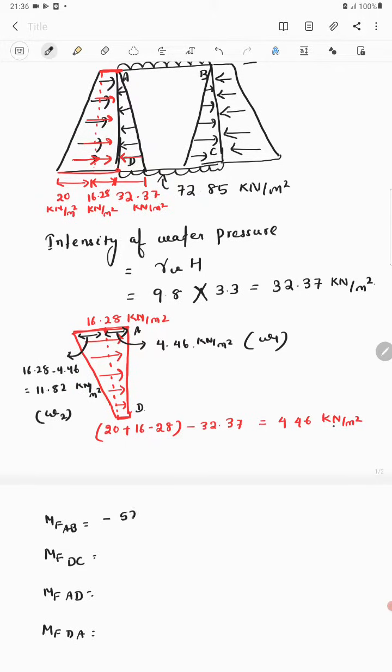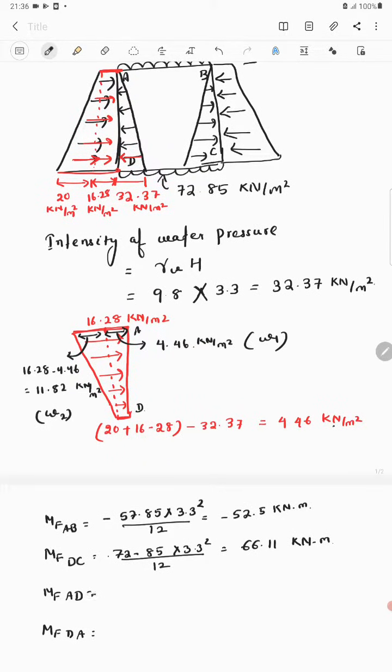So minus 57.85 into 3.3 square divided by 12, that is equal to minus 52.5 kilonewton meter. Then MFDC will be 72.85 into 3.3 square divided by 12, that is equal to 66.11 kilonewton meter.